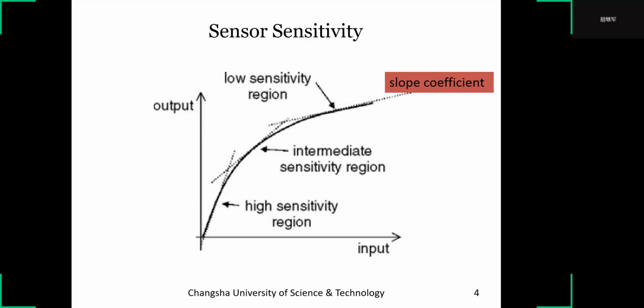For this example, this is the relationship between input and output. If the slope is high, the sensitivity is high. If the slope is intermediate, the sensitivity is intermediate. If the slope is zero, the sensitivity is zero.